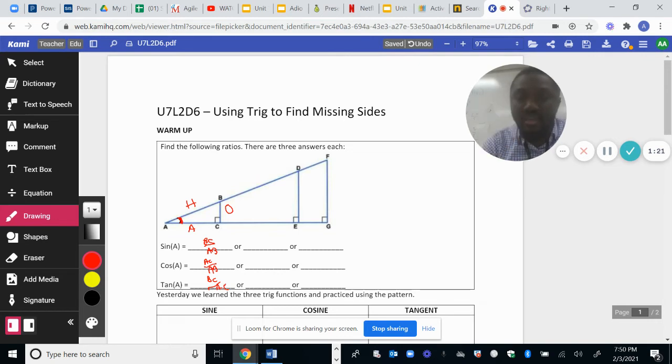The same thing here, if you take the triangle ADE, the middle triangle, DE is the opposite, AE is the adjacent, and AD is the hypotenuse. So the sine of A is DE, opposite, over hypotenuse AD.